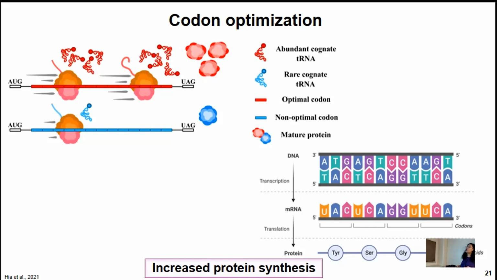It's because the amount of tRNA is very low, the tRNA that is required for reading this codon that codes for the respective amino acid. If we do a codon optimization and then express it, the protein will be very high because the tRNA is available. Then the rate of translation will also increase, producing more of the protein of interest.